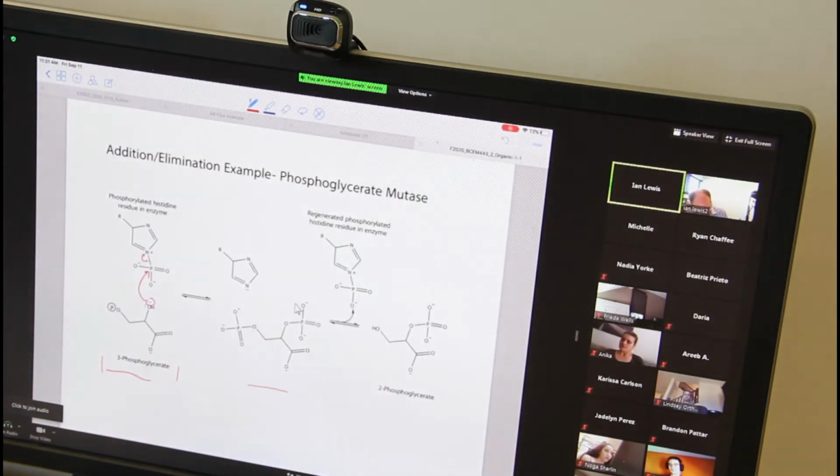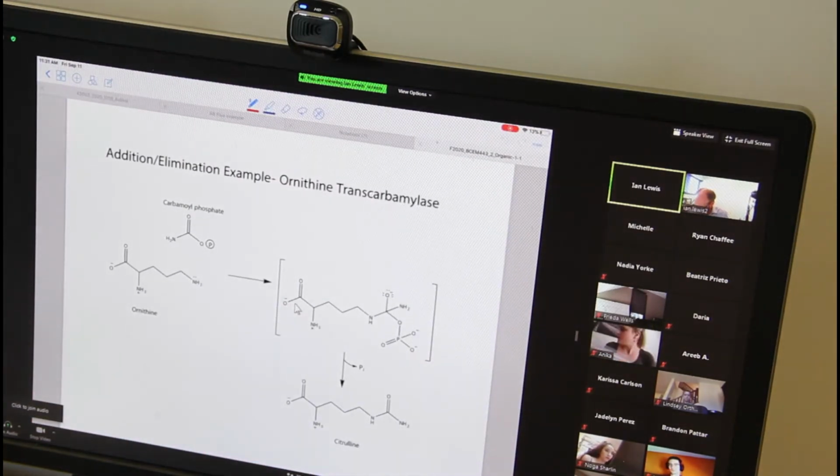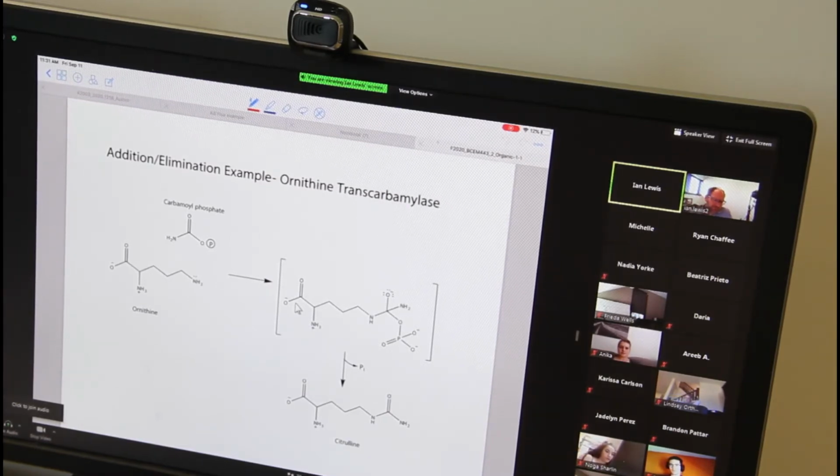Let's see. I guess I'll do one more example here. Oh, this is a great one. What's the nucleophile for this reaction on ornithine? Chat. Amine. That's right. Which amine?